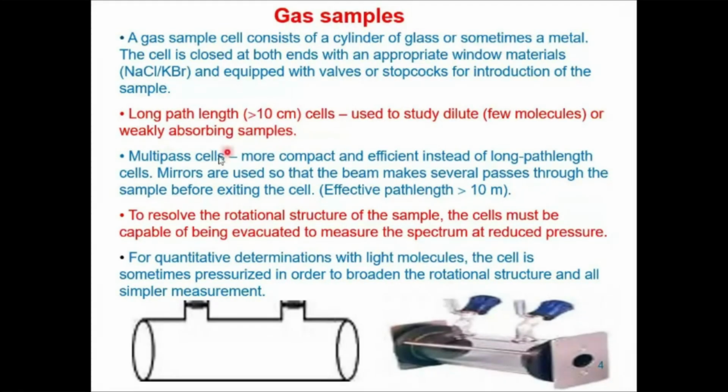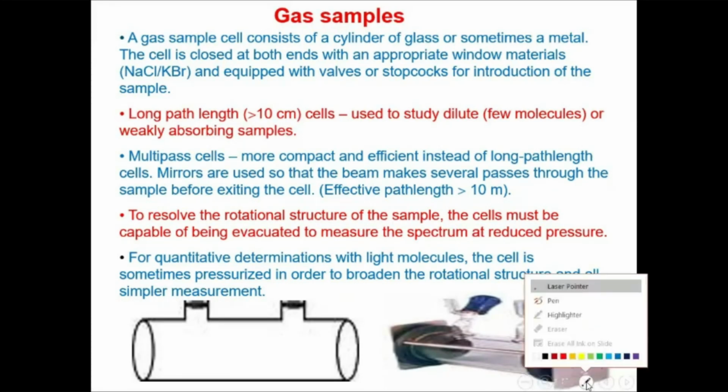Multi-pass cells are more compact and efficient than long path cells. Instead of using a long path cell, you will use an arrangement like this. Let me try to show it by diagram.